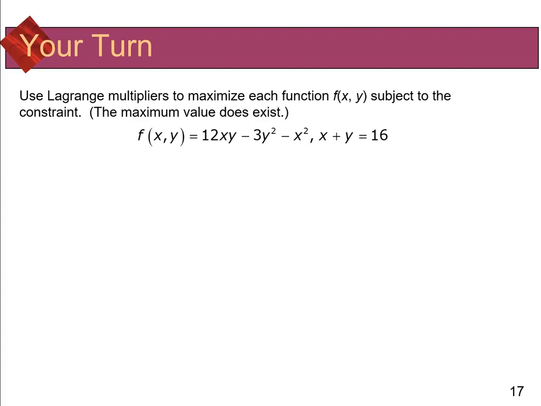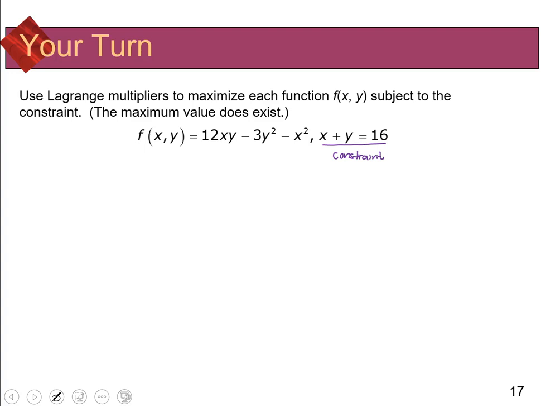So it's your turn. You're given a constraint equation here. And you're being asked here to find the maximum value for f of x, y being 12xy minus 3y squared minus x squared, where the constraint equation is x plus y equaling 16.